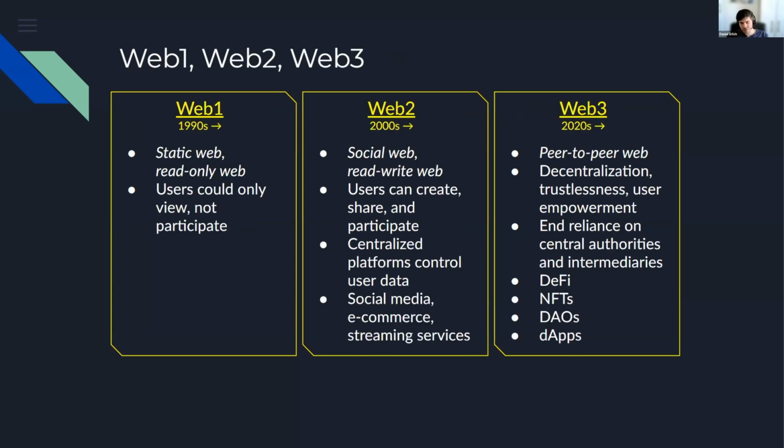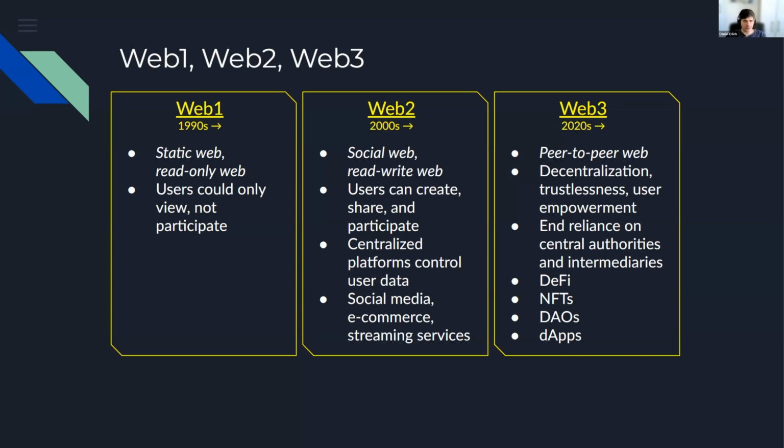And I mentioned Web 3, just to go over what Webs 1, 2, and 3 are. Web 1 was the original internet that really gained prominence in the 1990s. It's called the static web or read-only web, where basically you had websites and users could go and view them, but not really participate. Sometimes you could sign a guest book, but even that's a relatively new development. Then we have Web 2, which began when the social media sites began to grow.